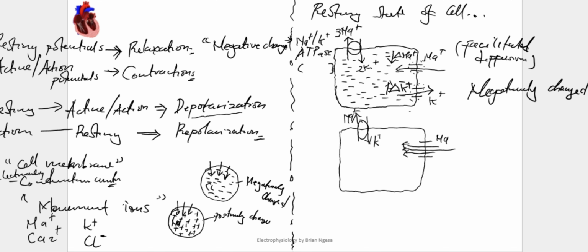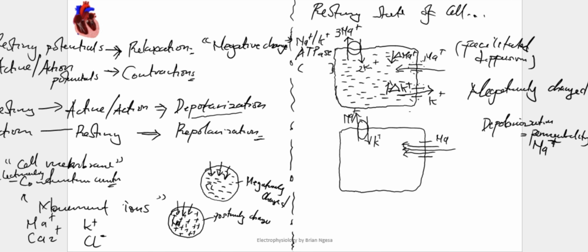So you can say that in the depolarization, the permeability of the sodium normally increases. So that means the cell is able to take in a lot more sodium than in the resting phase. So this represents the depolarization state.